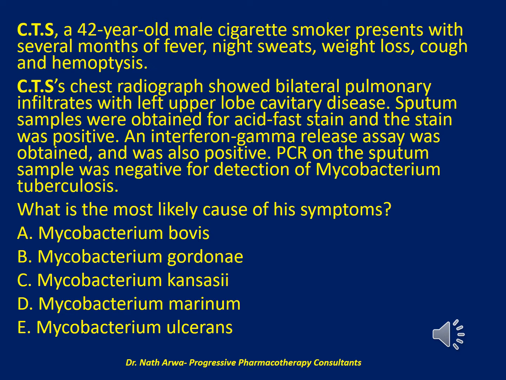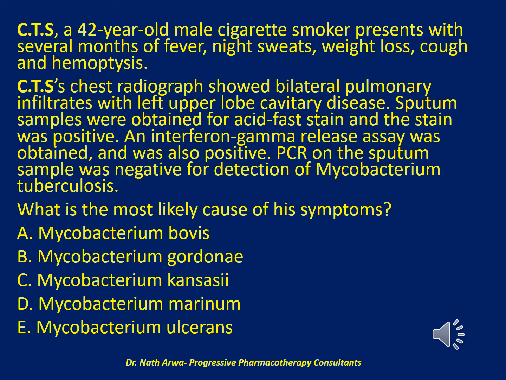Sputum samples were obtained for acid-fast stain and the stain was positive. An interferon gamma release assay was obtained, and was also positive. PCR on the sputum sample was negative for detection of Mycobacterium tuberculosis. So my question to you is, what is the most likely cause of his symptoms?